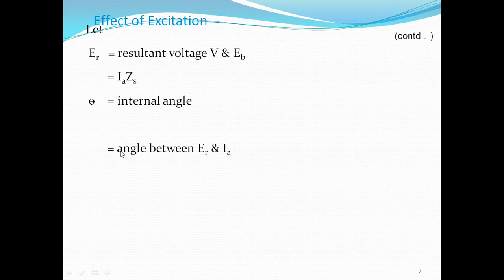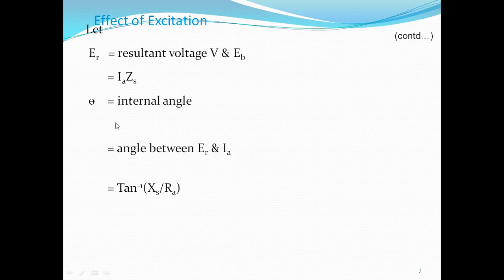What is the theta value? Theta is equal to tan inverse of XS by RA. So this value is also constant. Why? Because synchronous reactance is constant and armature current IA is constant, as theta depends on the circuit parameters, that is XS and RA.